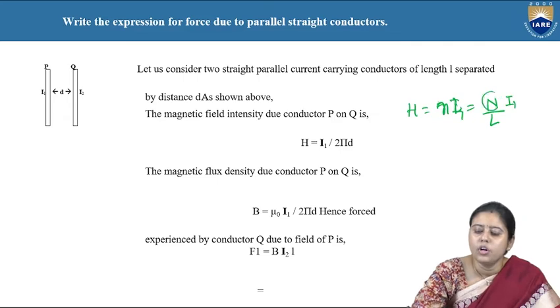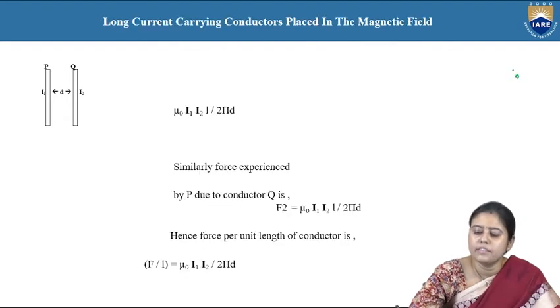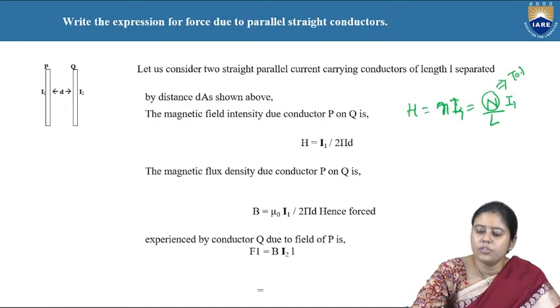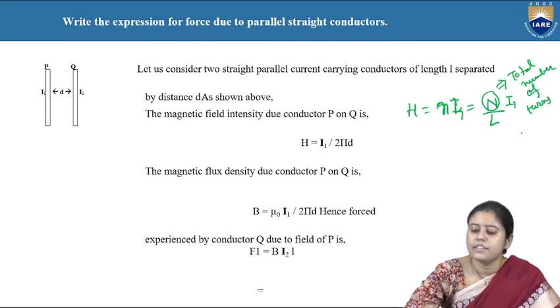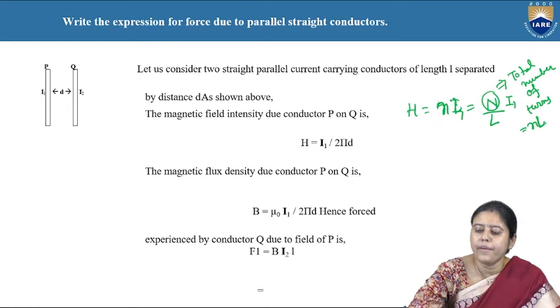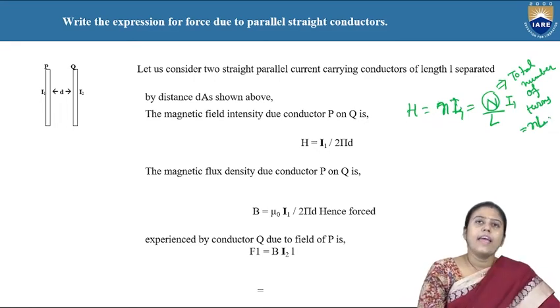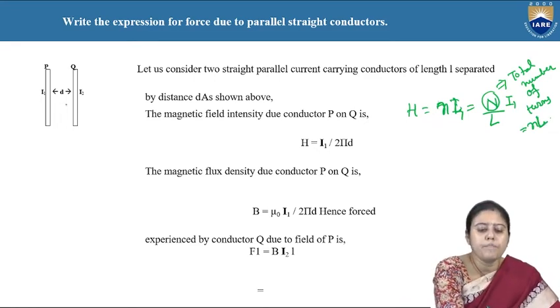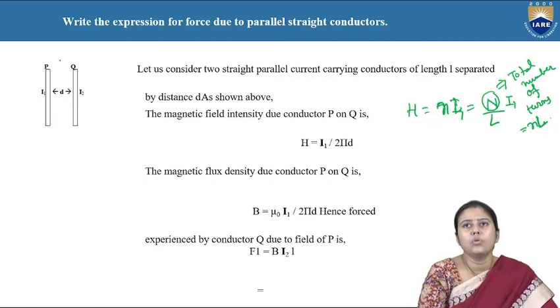N is the total number of turns, equal to small n into L. What is L? It is a circular path, so L is equal to 2 pi d.